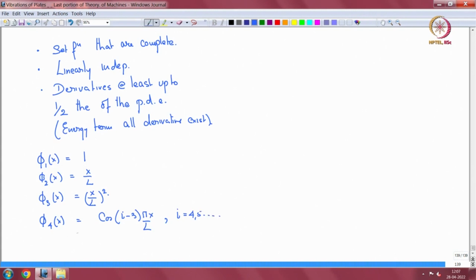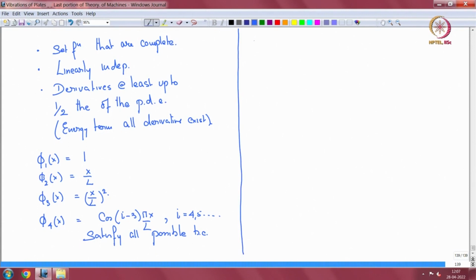Together they satisfy all possible boundary conditions for an unrestrained system.